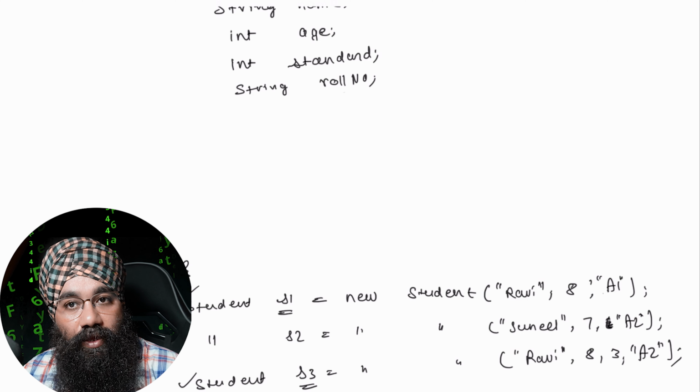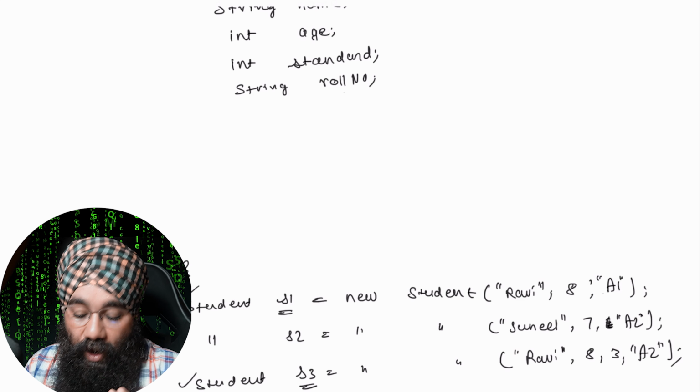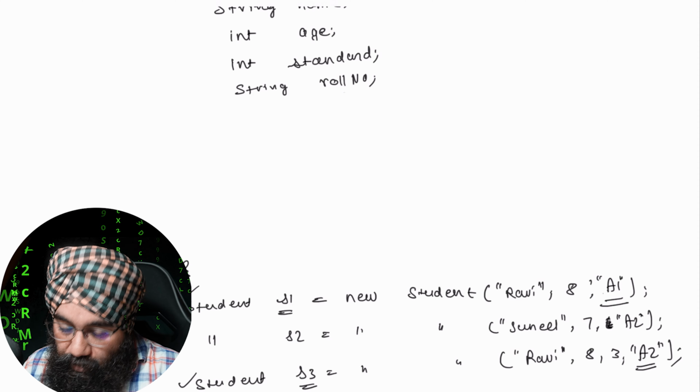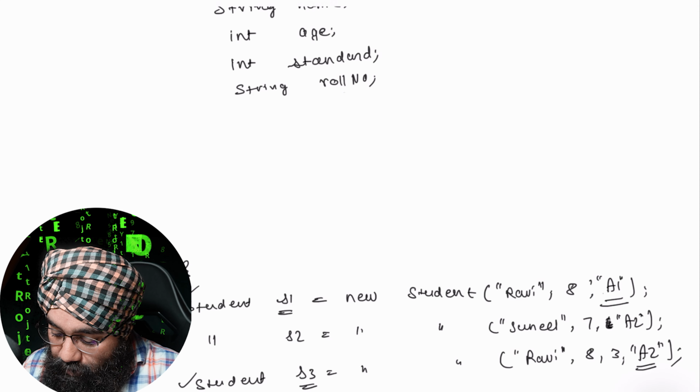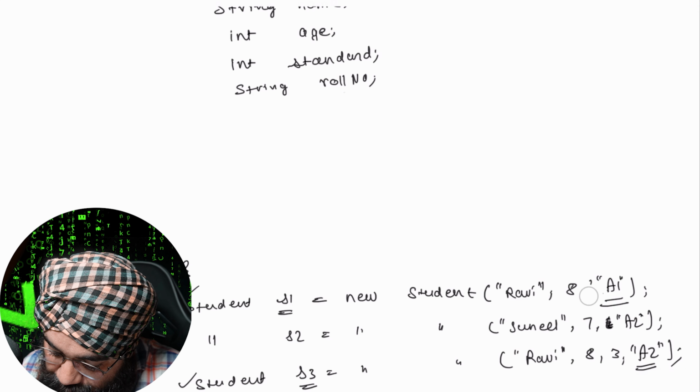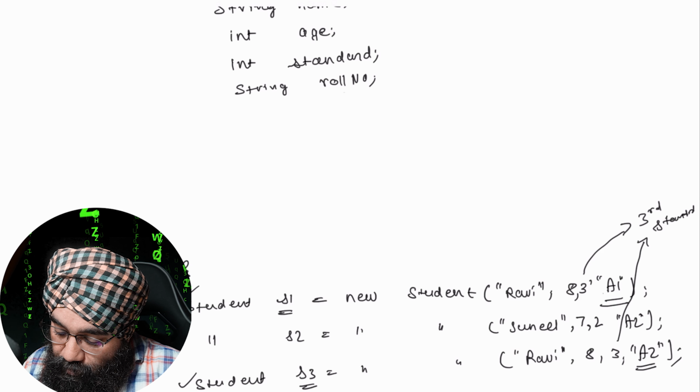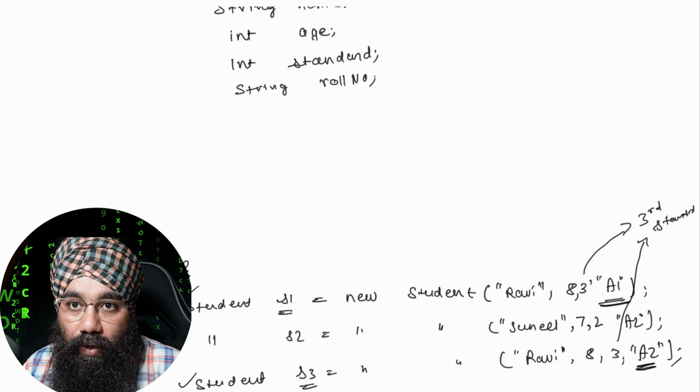They live separately, but they study in the same class. What differentiates s1 and s3? Their roll number is different. Here we also need to mention the standard in which they are studying. Both are studying in the third standard, but both of them have a separate roll number.